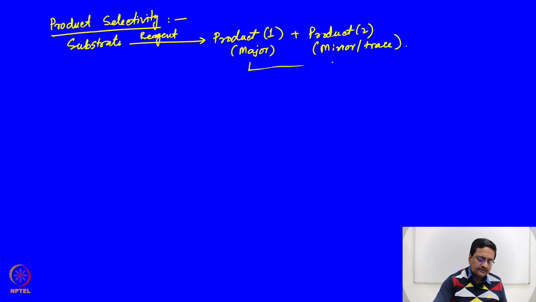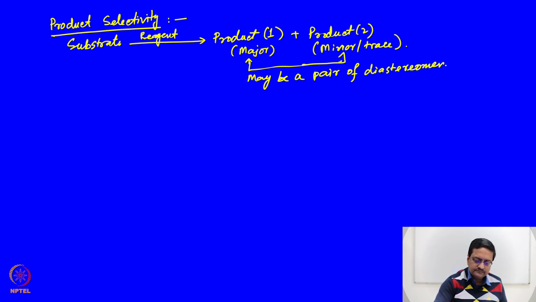And these two products may be a pair of diastereomers or a pair of enantiomers.